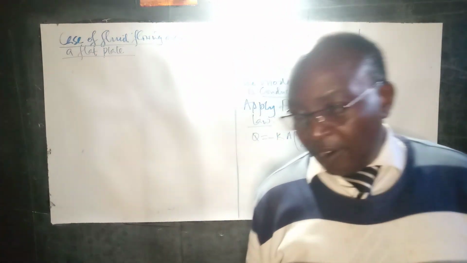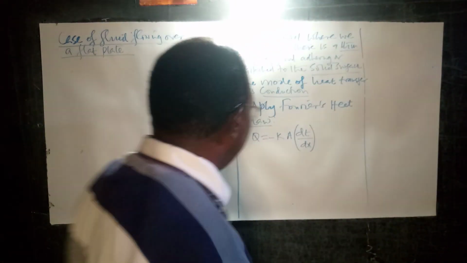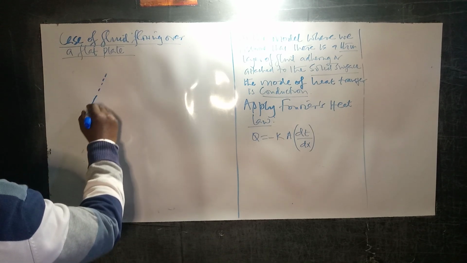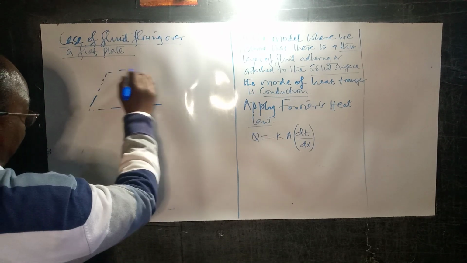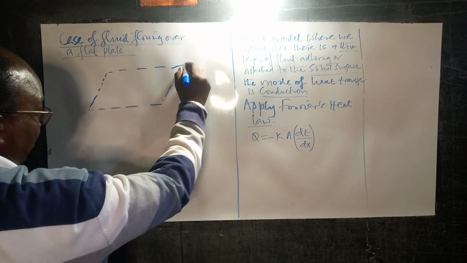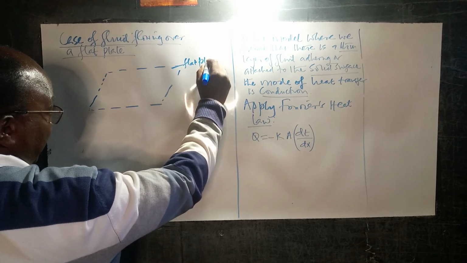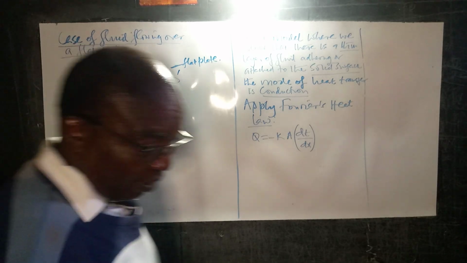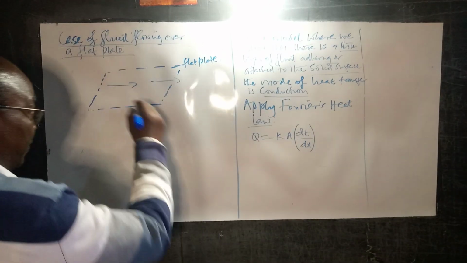So if we are dealing with a case where we have a fluid flowing over some flat plate, let's just look theoretically that you have this flat plate, and you have a fluid flowing over the surface of that flat plate.